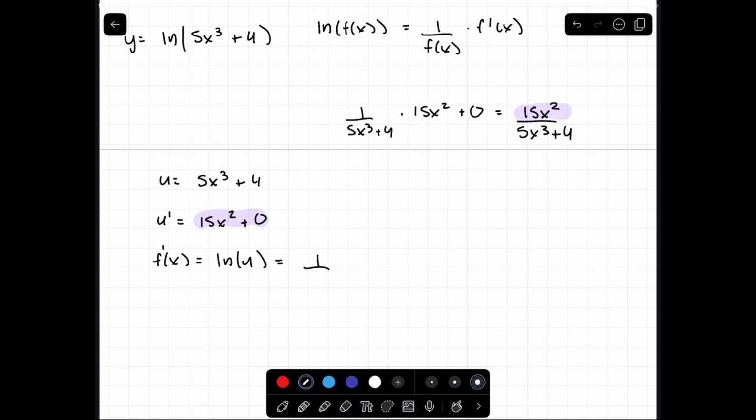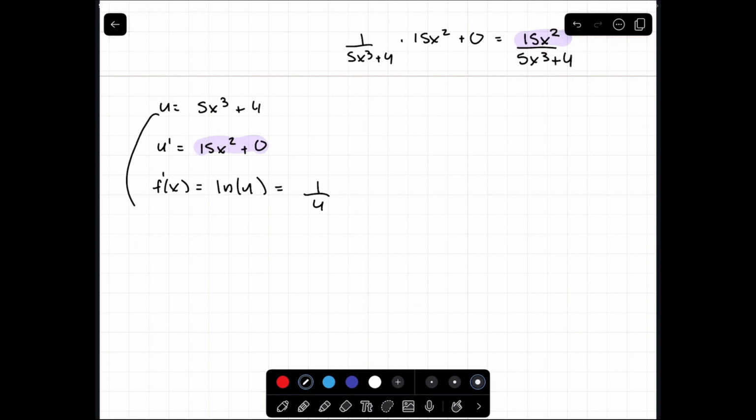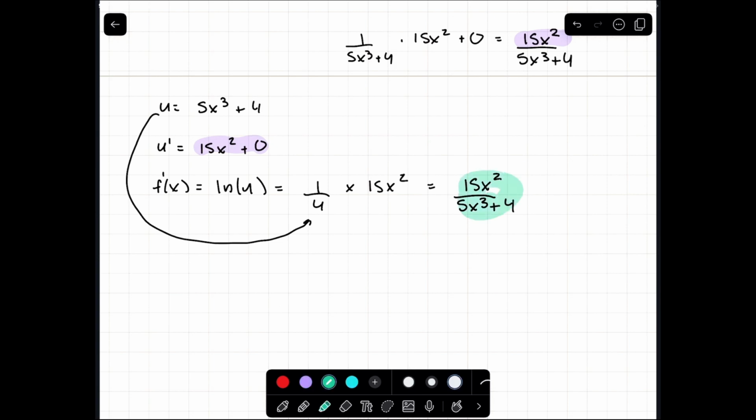It's going to equal 1 over u. So now we can plug everything back in, plug this u back in over here, and multiply them together with our 15x squared. We get 15x squared over 5x cubed plus 4. And then, again, these are the same answer, proving that our chain rule was correct.